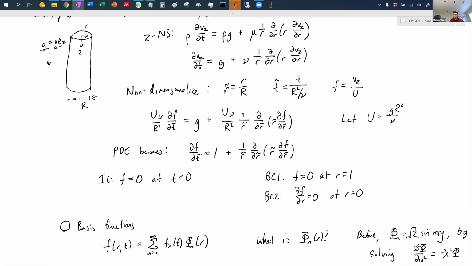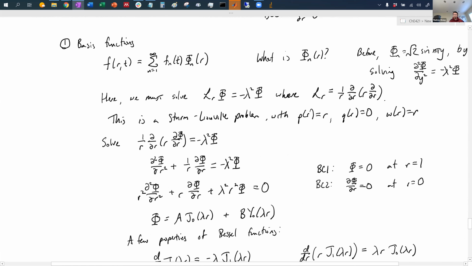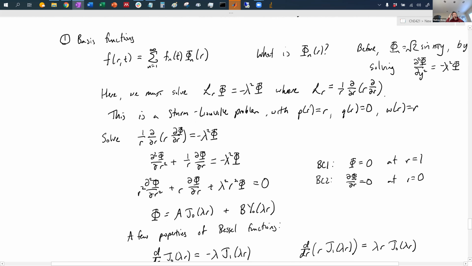Any questions at all with the Bessel functions and how we determine these basis functions? It's sort of the same thing over and over again, just a little bit of different variations, right?